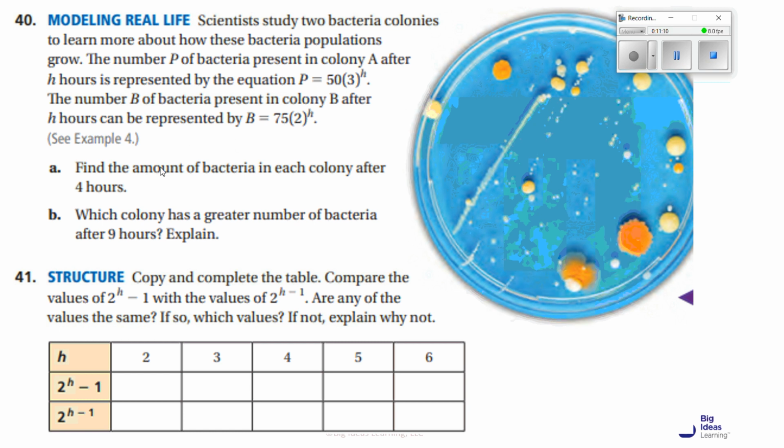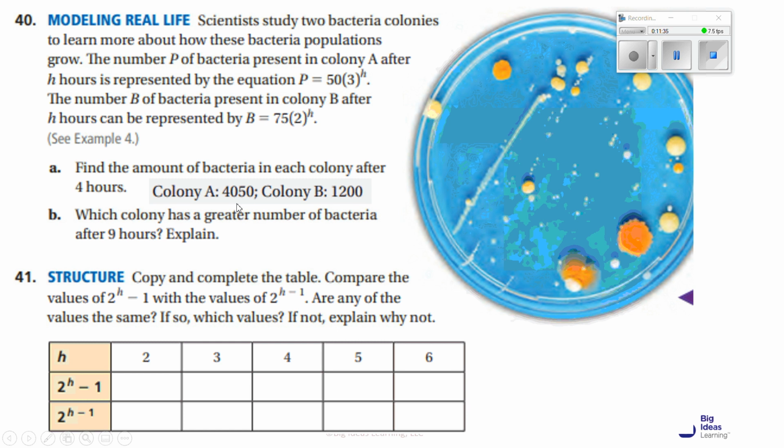And let's see, the second one, if this is 4, 2 times 2 is 4, and 4 times 2 is 8, and 8 times 2 is 16. So this would be 16 times 75.